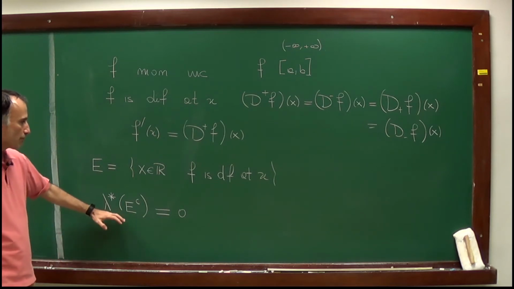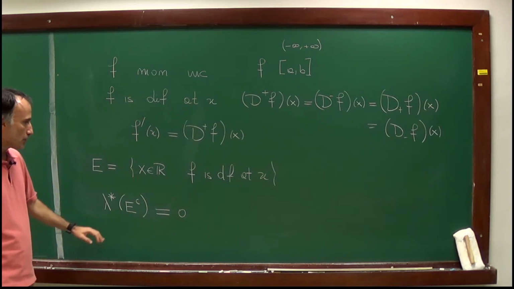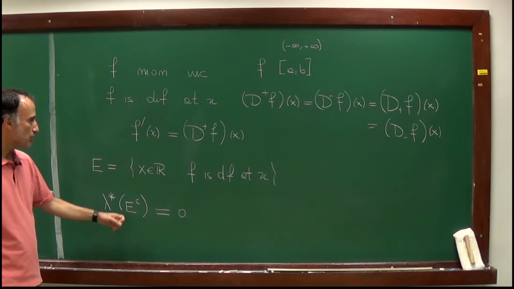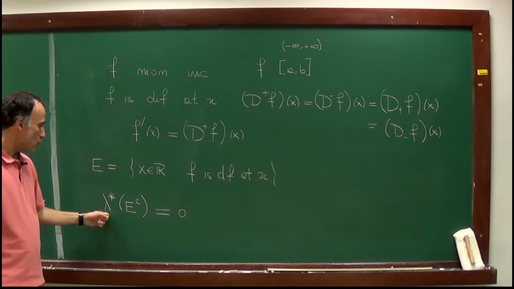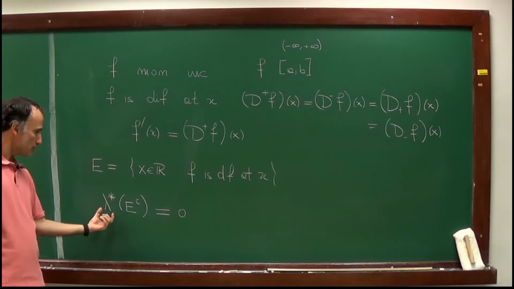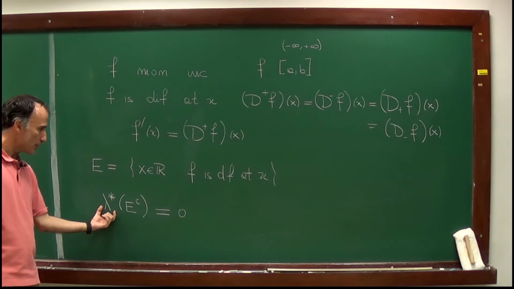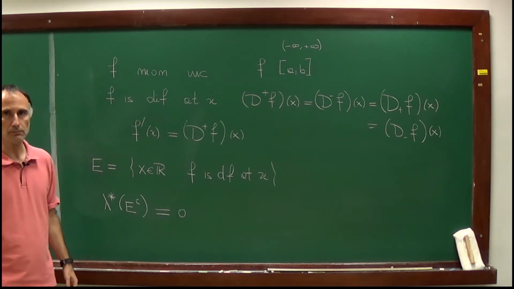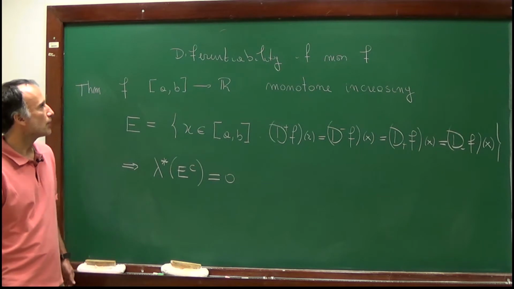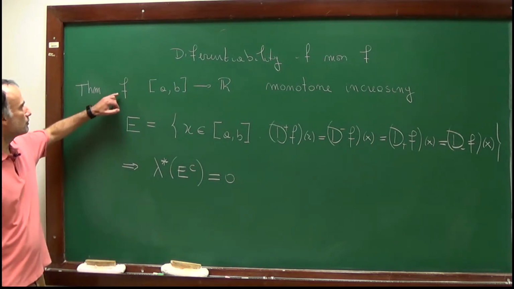So this is the first main result of this lecture, is to show that this set has a complement whose outer Lebesgue measure, so remember that this is the outer Lebesgue measure, is equal to 0.